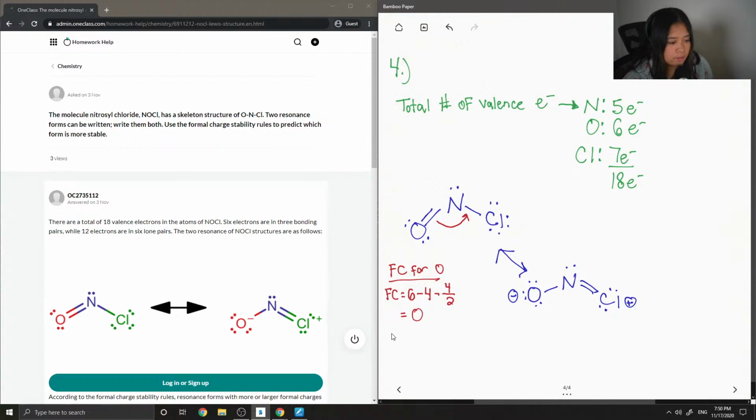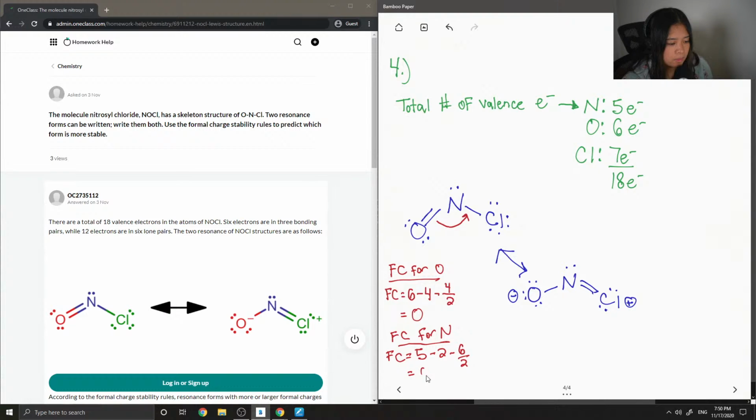And then we can do the same thing for the nitrogen. Its formal charge is 5 minus 2 minus 1, 2, 3, 4, 5, 6, 6 over 2.